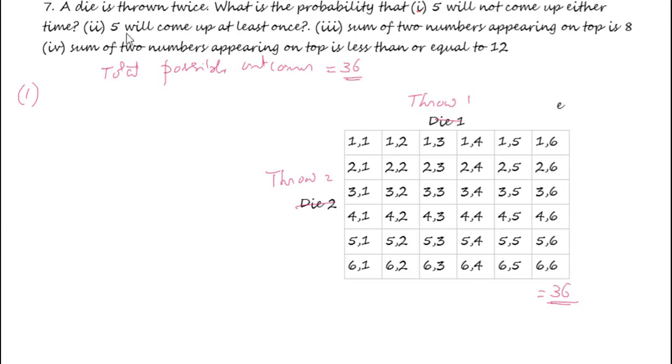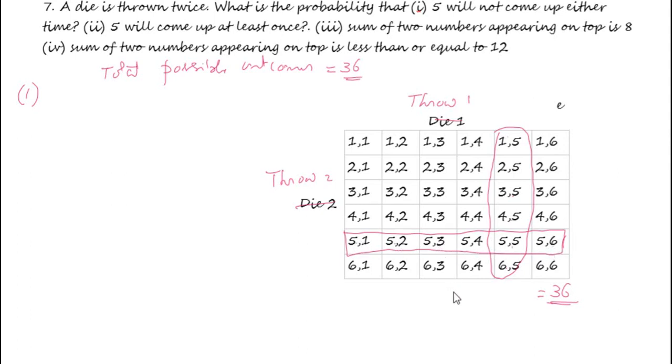Now let us take the first part. 5 will not come up either time. Where do you have 5? 5 you have here in this case. Then you have 5 here. So you have 1, 2, 3, 4, 5, 6, 7, 8, 9, 10, this is counted 11.